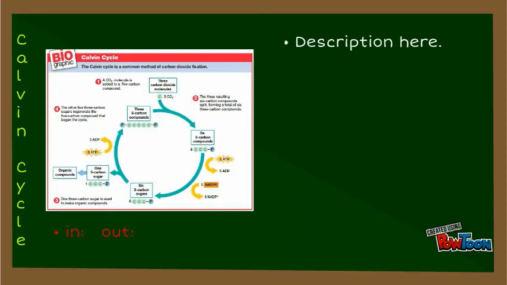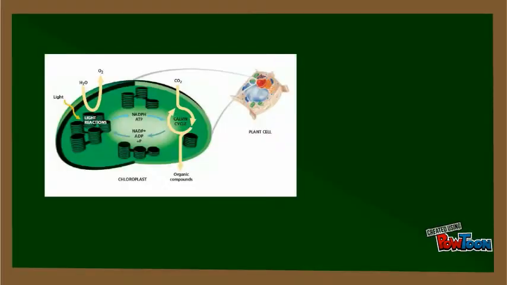We take those two things and we add in some ATP and some NADPH, and that energy is used to create 6 3-carbon sugars. Most of those 3-carbon sugars are going to stay in the cycle. That's where they came from in the very beginning of the cycle. But one of those 3-carbon sugars leaves the cycle, and that part is used to create an organic compound, which is generally glucose.